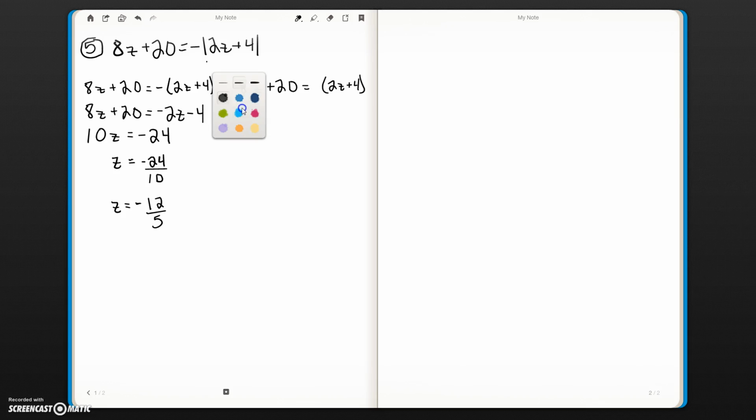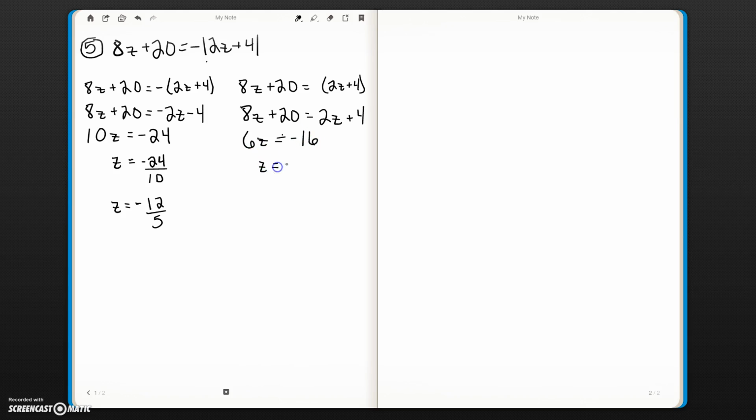Over here, I still got 8z plus 20 equals 2z plus 4. And again, if I combine like terms, I'm going to end up with 6z. So I subtract 2z from both sides, 6z, and subtract 20. I get negative 16.